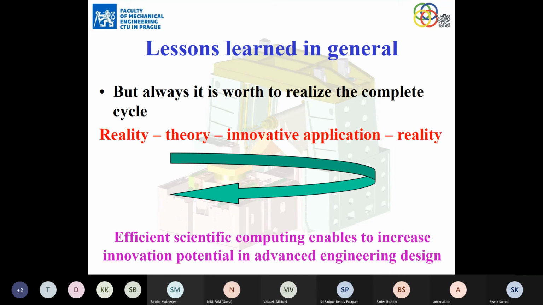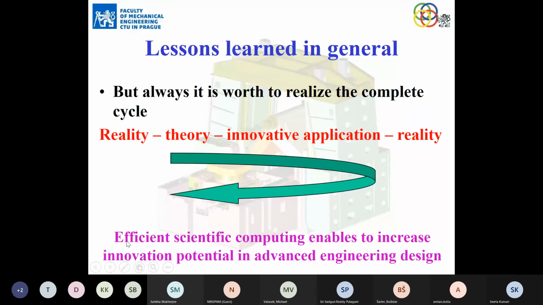Going to the conclusions, the lesson learned is that, from my point of view, it's always worth realizing a complete cycle. So start from reality, generalize the problems into theory, find the innovative applications, both in the fundamental research approach as well as in the application research, and come with these results back to reality.